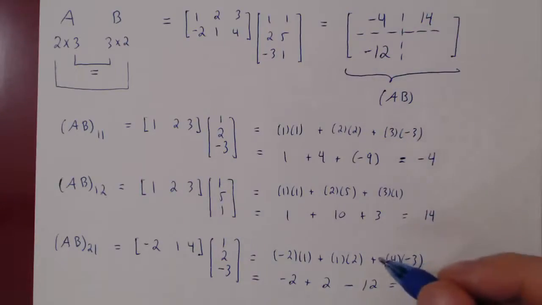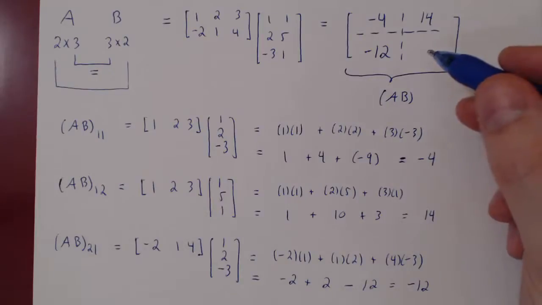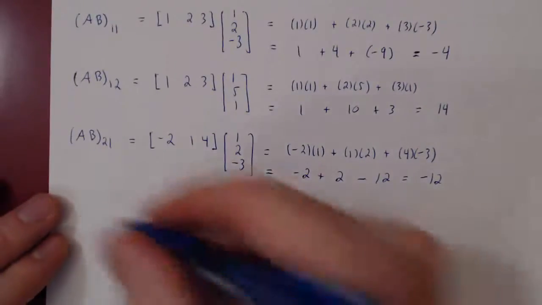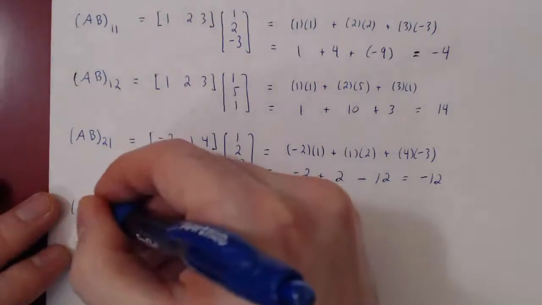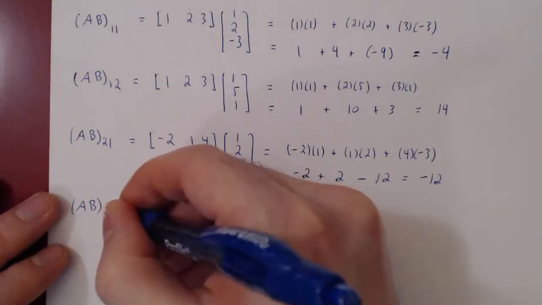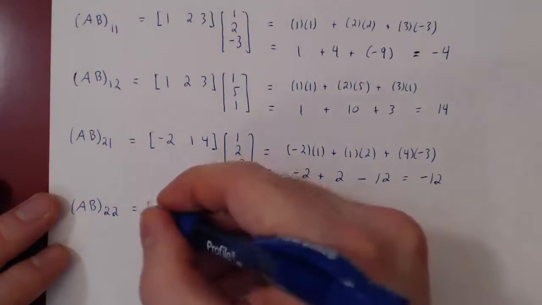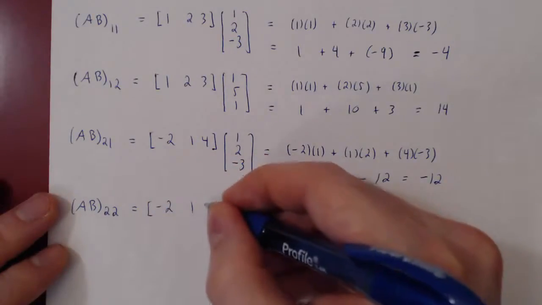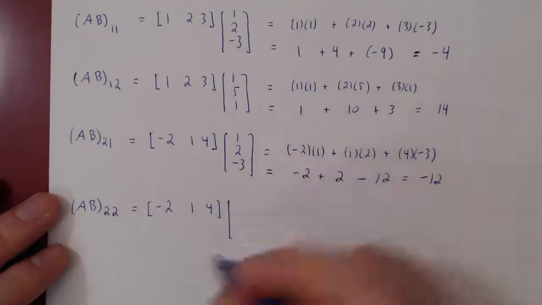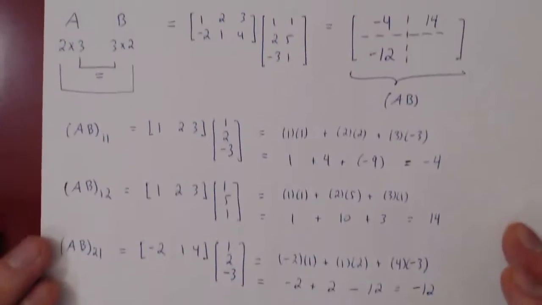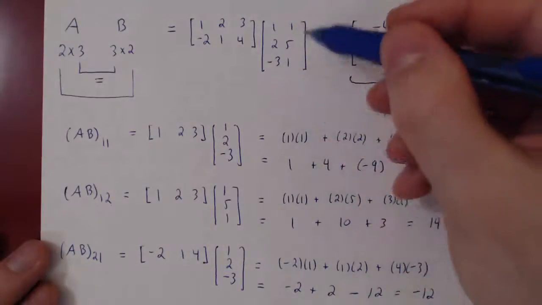And finally, let's compute AB 2, 2, second row, second column. Well, the second row of A, we already have it. Negative 2, 1, 4. Times now the second column of B. Well, if you look up, this is matrix B. Its second column is 1, 5, 1.